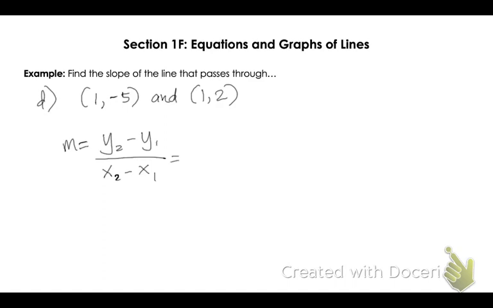Subtract y coordinates, right minus left. Y is always on top, x is always on bottom. This ends up being 2 plus 5 on top and 0 on bottom.